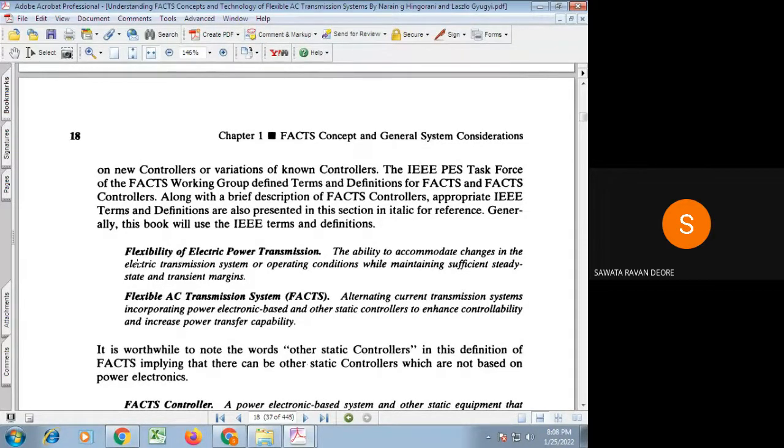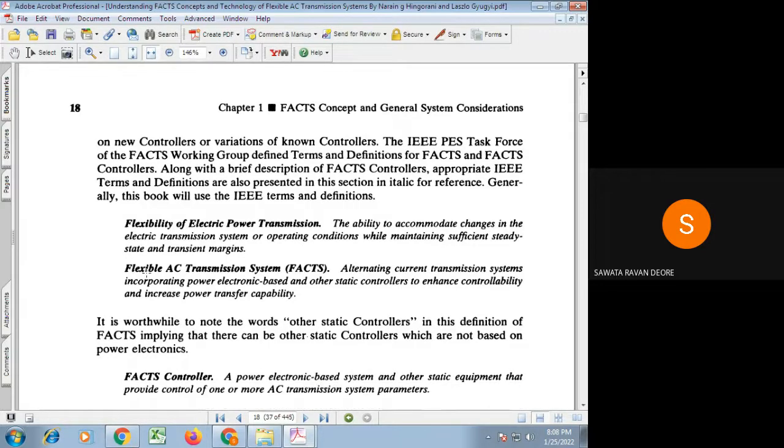So if we want to operate that particular power system under some particular operating condition, in view of that, how we can modify the parameters of that transmission line so that it will accommodate that changes. So the flexibility of electrical power transmission as per IEEE standard, the definition is what? The ability to accommodate changes in the electrical transmission system or operating conditions while maintaining sufficient steady state and transient margin.